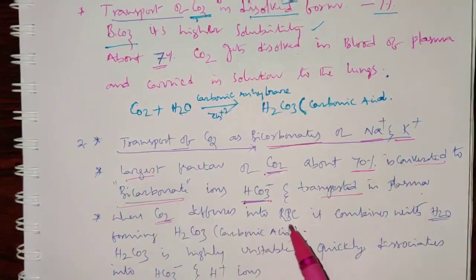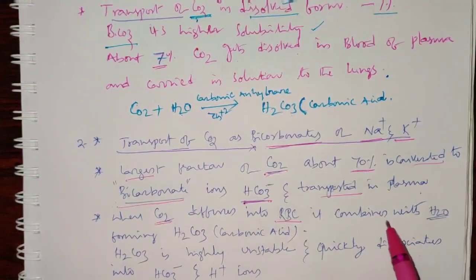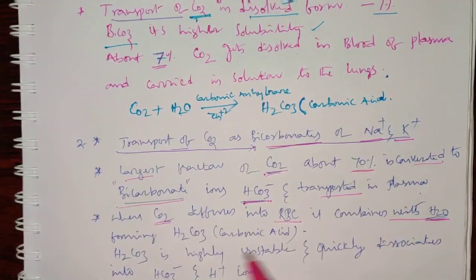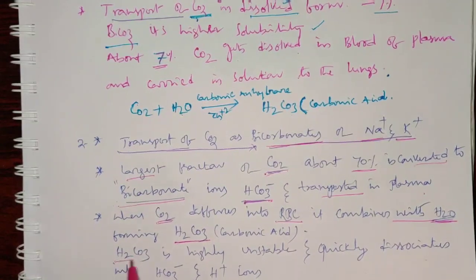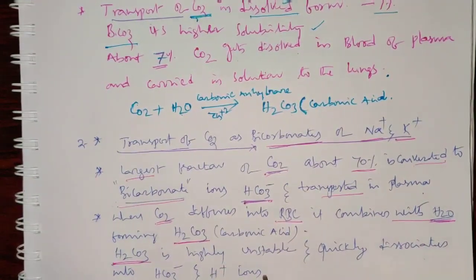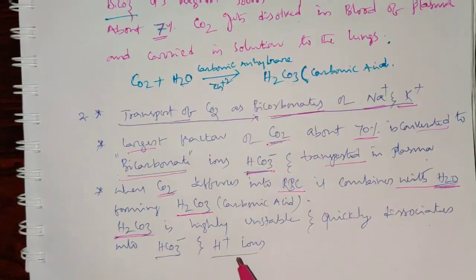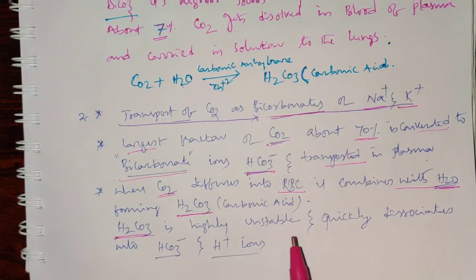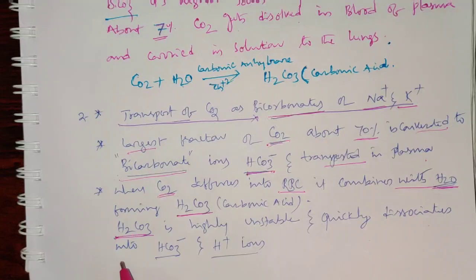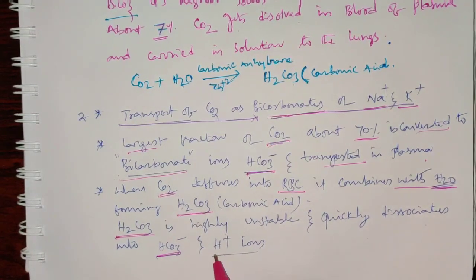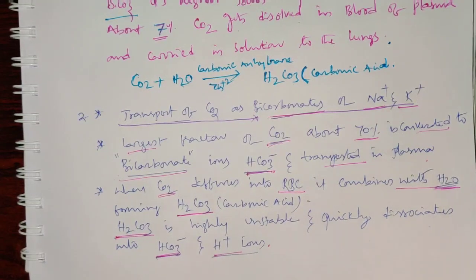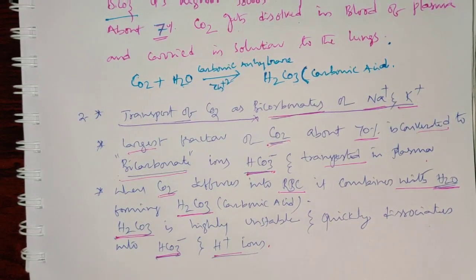When carbon dioxide diffuses into red blood cells, it combines with water, forming carbonic acid. This carbonic acid is highly unstable and quickly dissociates into HCO3 minus bicarbonate ions and hydrogen ions. Got it? Right.